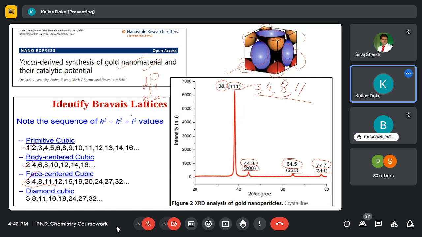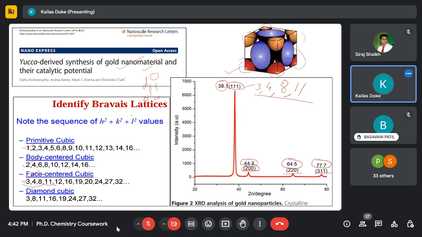And if you see, the pattern indicates that it is 100% crystalline, no hump. So pure crystalline substances, and they indexed each peak with the values 111, 200, 220, 311, 222 by mathematical calculation.